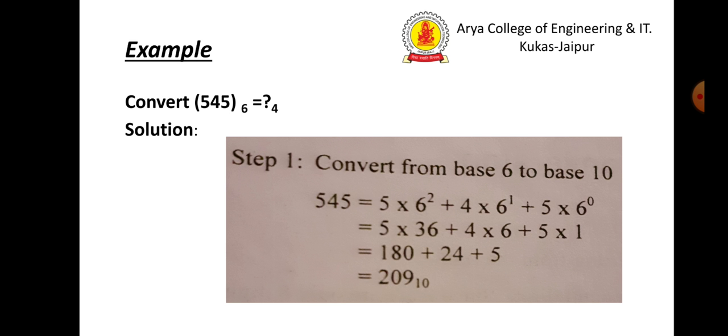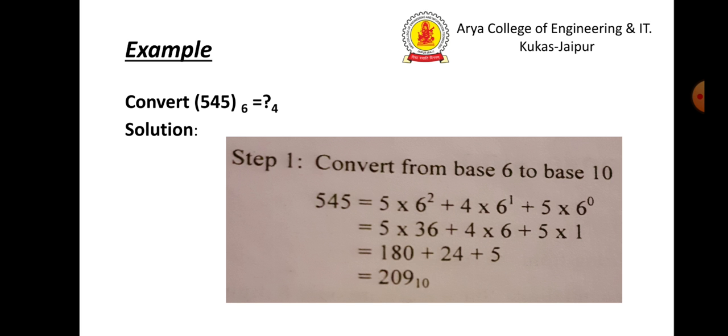Here is an example, 545 base 6 to base 4. So step 1, convert 545 to decimal, and when we are converting to decimal, we multiply by the base 6. Here also we put powers of 6 from right to left. 5 into 6 raised to power 2 plus 4 into 6 raised to power 1 plus 5 into 6 raised to power 0 is equal to 209.